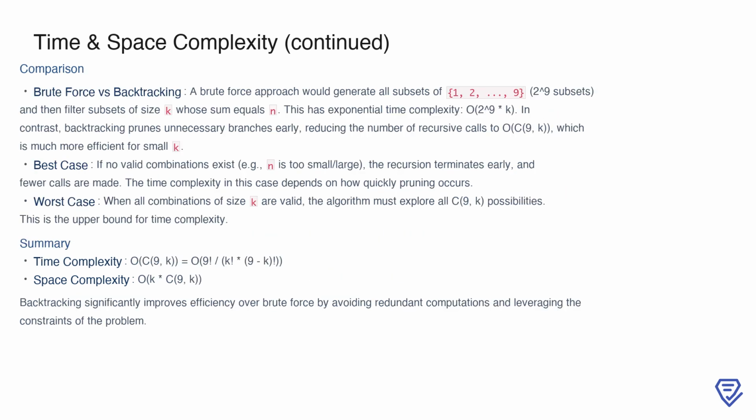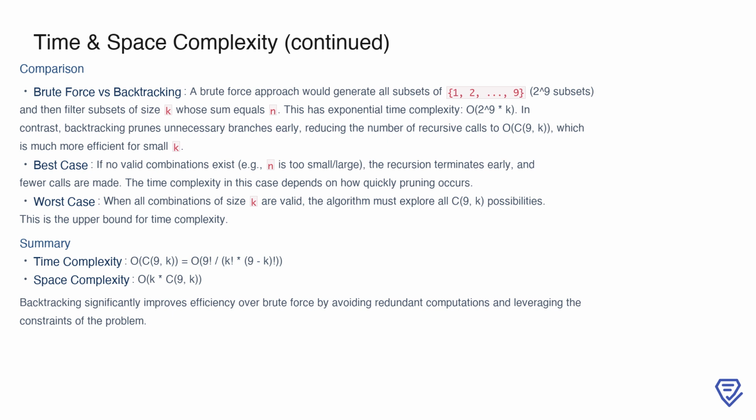When comparing backtracking to a brute force approach, the advantages of backtracking become clear. A brute force method would generate all possible subsets of the numbers 1 to 9, which amounts to 2^9 subsets, and then filter out those that meet the size and sum constraints. This process has an exponential time complexity of O(2^9 * k), where k is the size of the combination.